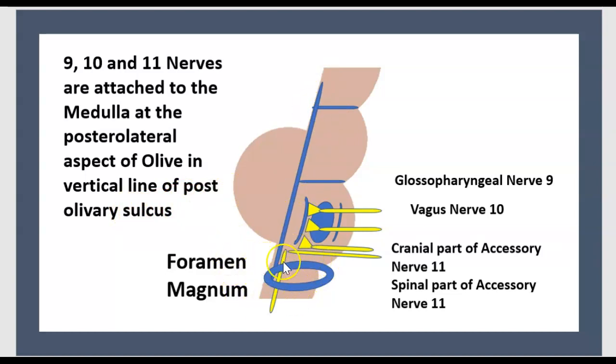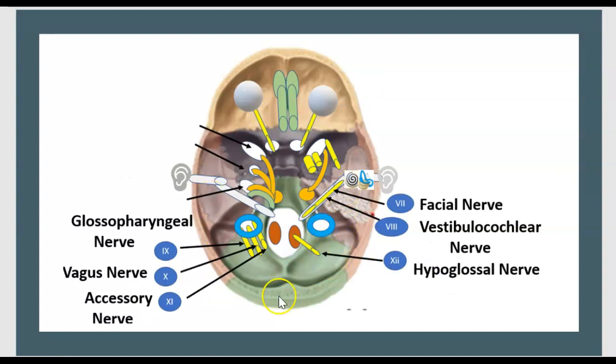Here's the foramen magnum, and here's the glossopharyngeal nerve 9, then the vagus nerve 10, and then the cranial part of the accessory nerve 11. On the cranial view, glossopharyngeal nerve 9, vagus nerve 10, and accessory nerve 11.